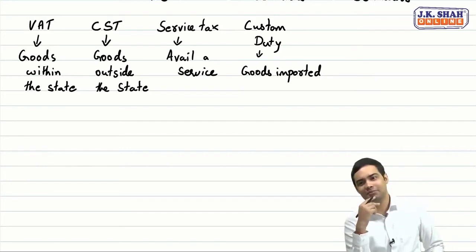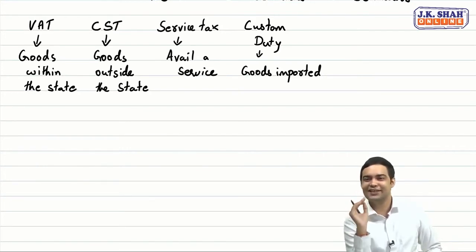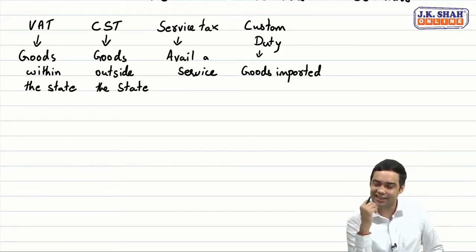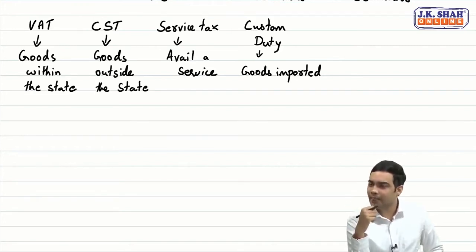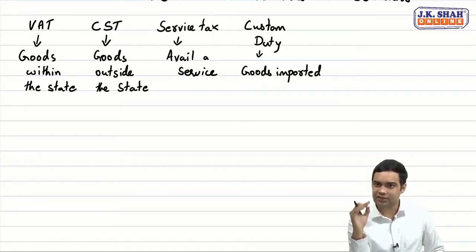And then he said to me, Nitin, now when I sell the calculator within the state, I will collect VAT. Is it right? I said, yes, it's absolutely right. Then he told me, when I sell the calculator outside the state, I will charge CST. Is it right?